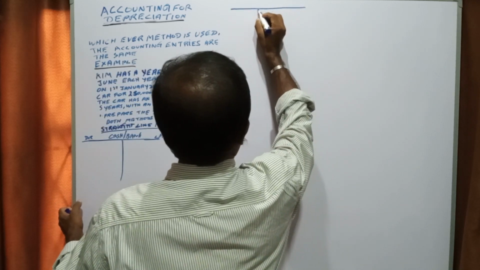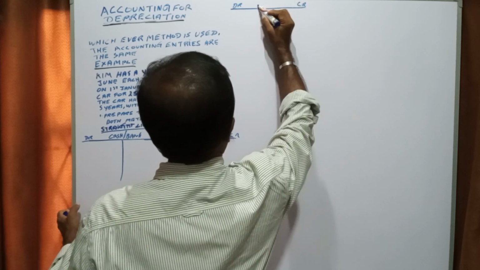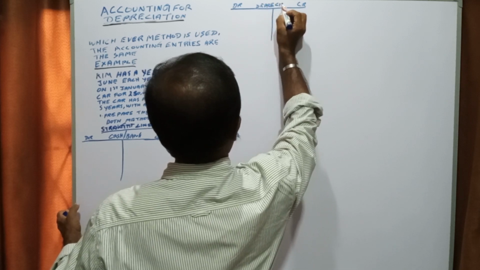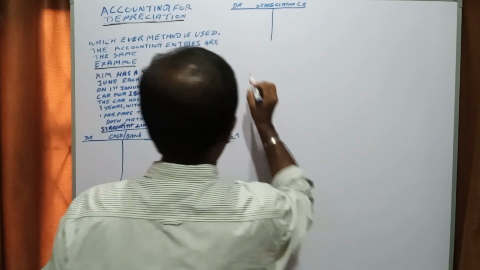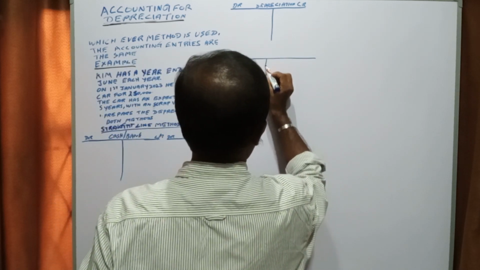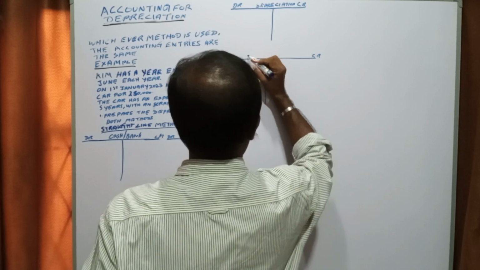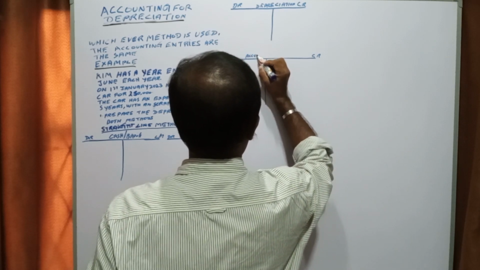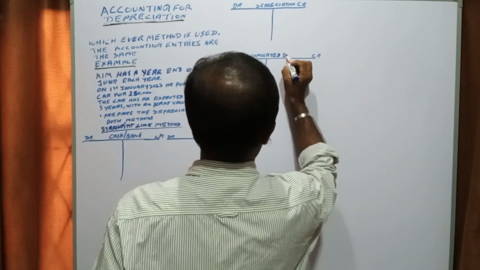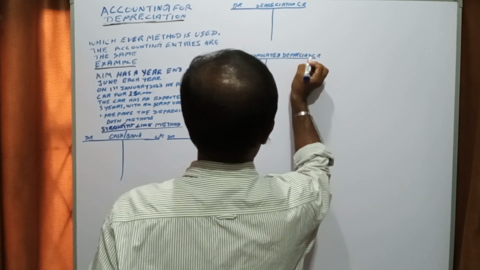Depreciation account, debit and credit. The other one is accumulated depreciation, or provision for depreciation.